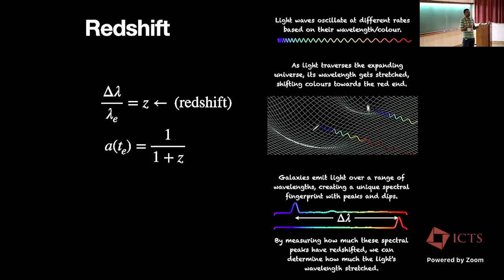The scale factor is the quantity which quantifies how the universe is getting scaled as a function of time. So the scale factor is what is essentially causing the redshift. And so if the galaxy light you observe was emitted at time t, the scale factor is related to redshift as a of t equals 1 over 1 plus z.